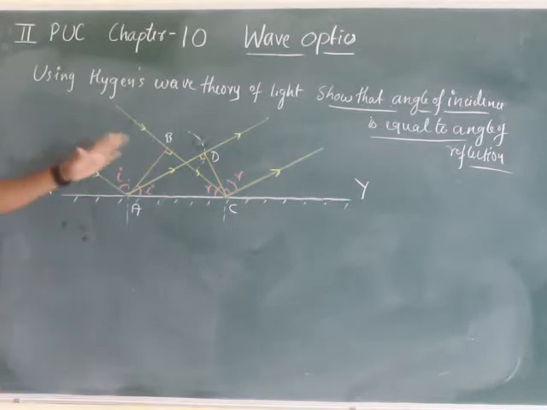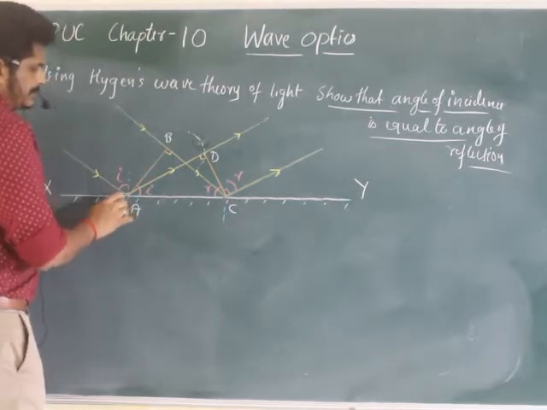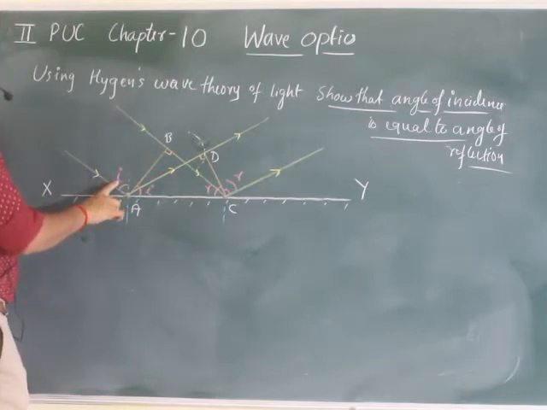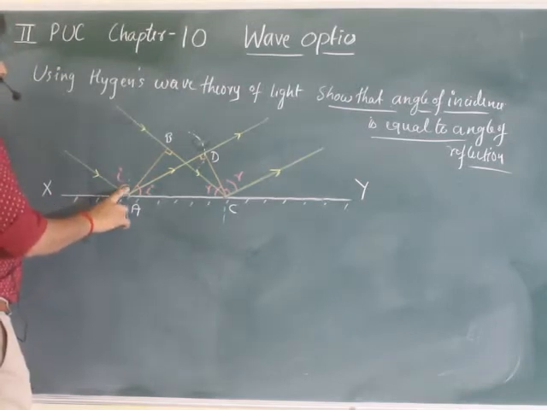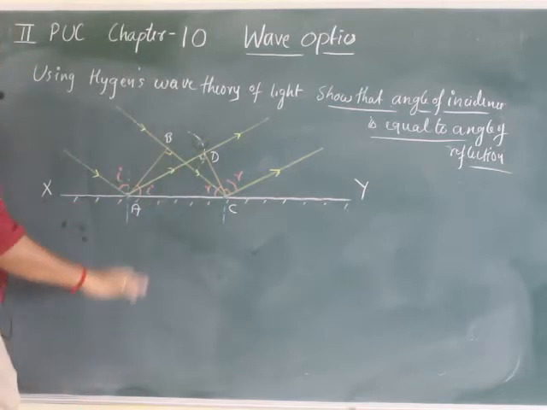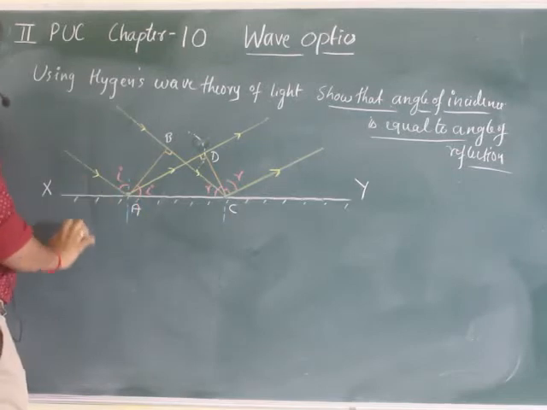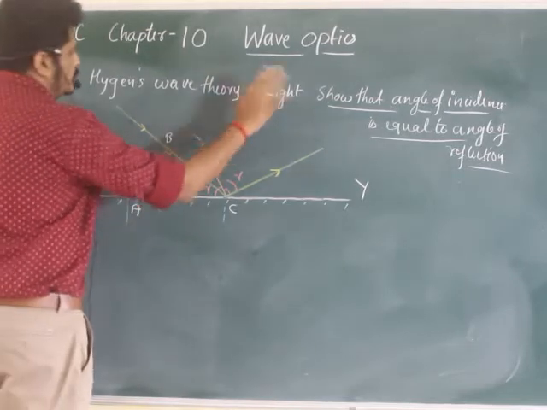After that what happens? The ray of light at A is incident with an angle of incidence i. That undergoes reflection. We know angle of incidence should be equal to angle of reflection, that is of one ray. Fine, it goes in this way.